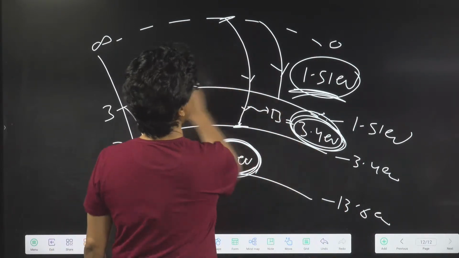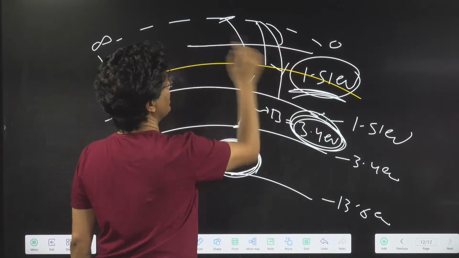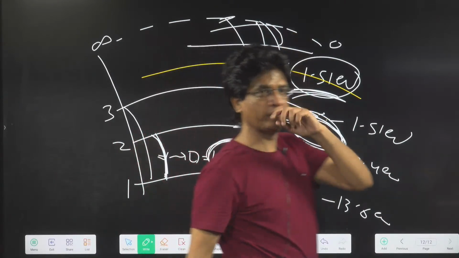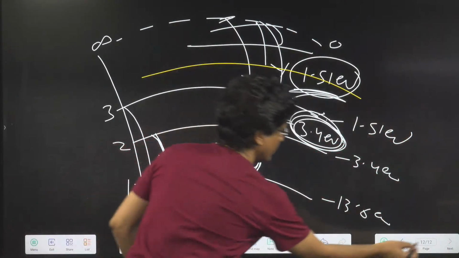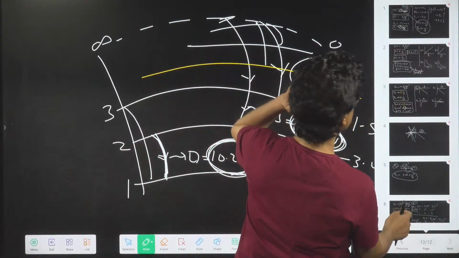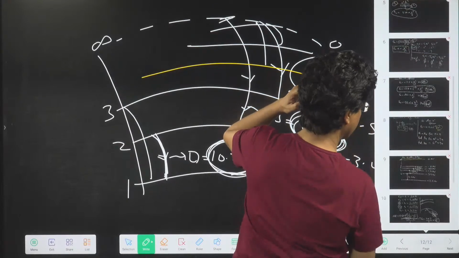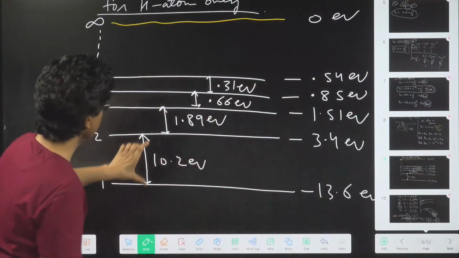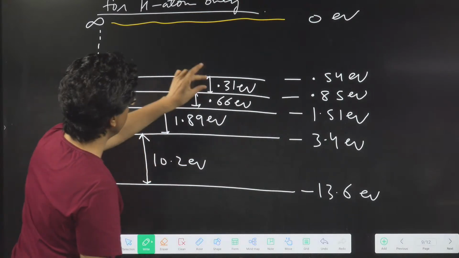And if you keep on moving further for the Brackett series, the energy difference will keep on decreasing. See, as I keep on moving away from the nucleus, the energy difference keeps on decreasing.